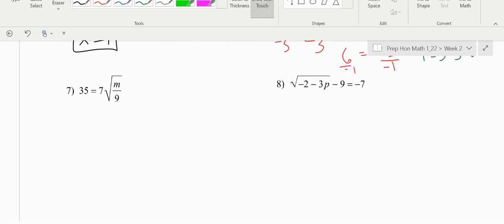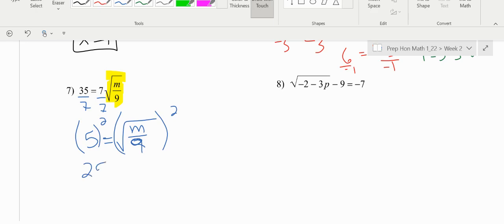Same thing. So this next one, you can see, even though it's a fraction, same thing. I'm going to go ahead and isolate my square root first. So I'm going to divide by 7 because that's being multiplied. Okay, I'm now going to undo the square root, but you might have found that you can even evaluate the 9 if you want to. I'm just going to follow it the same way we've been doing it.